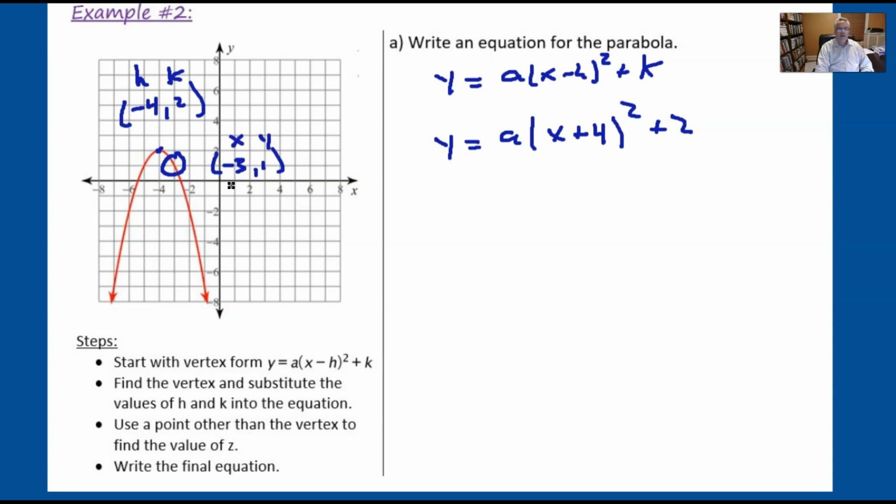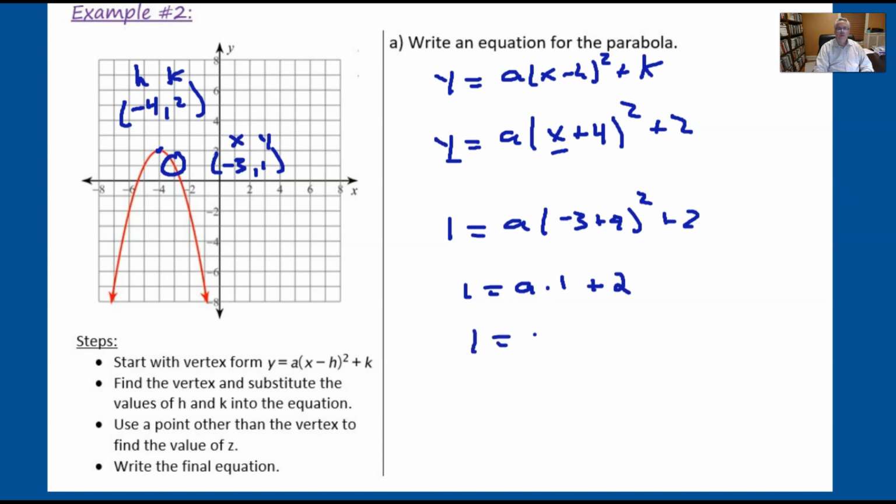So we substitute -3 for x and 1 for y, and we get an equation for a. 1 equals a times -3 plus 4 squared plus 2. -3 plus 4 is 1, squared is 1, so a times 1 plus 2. So 1 equals a plus 2. If I subtract 2 from both sides, I get -1 equals a.